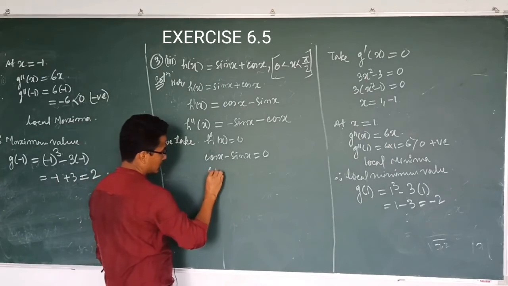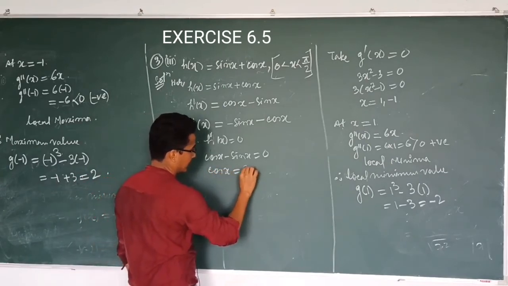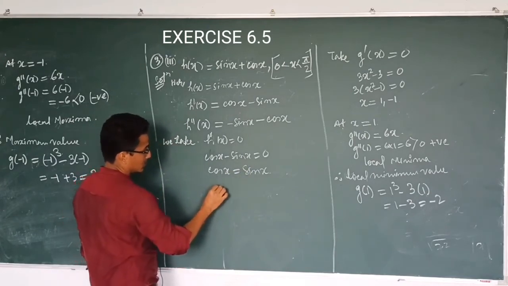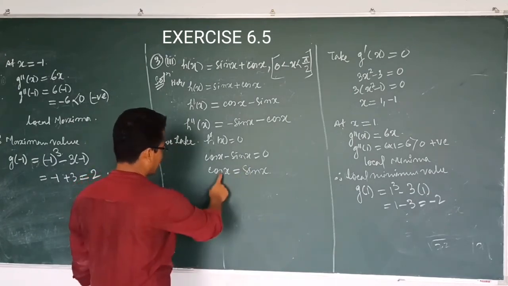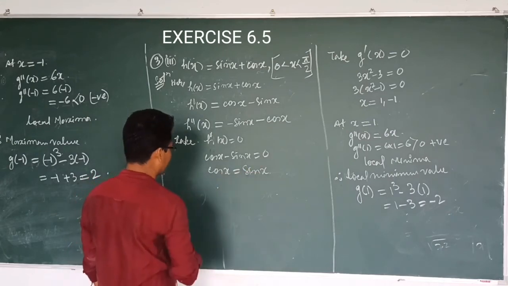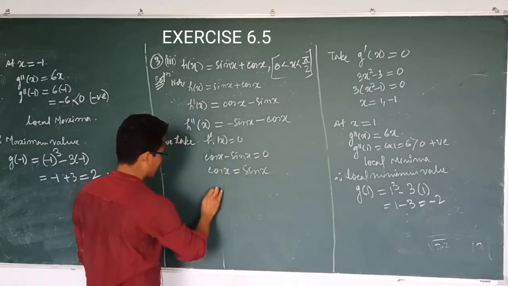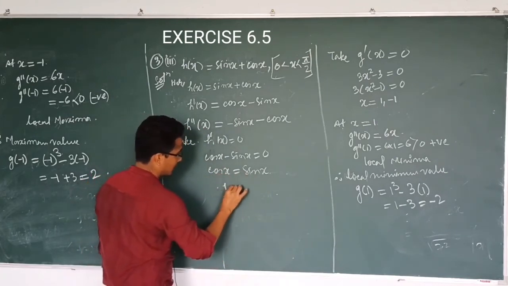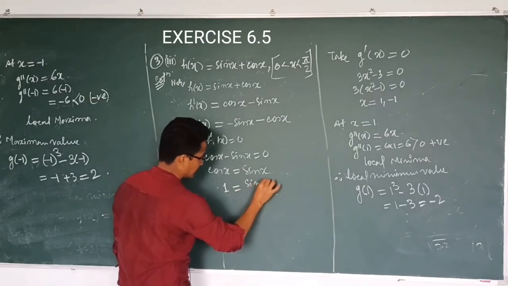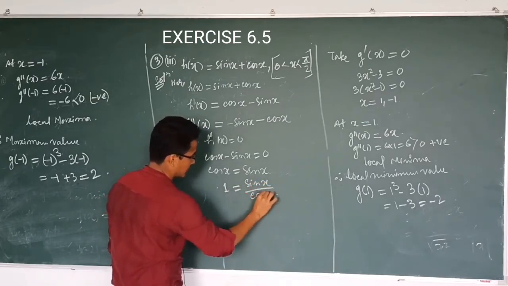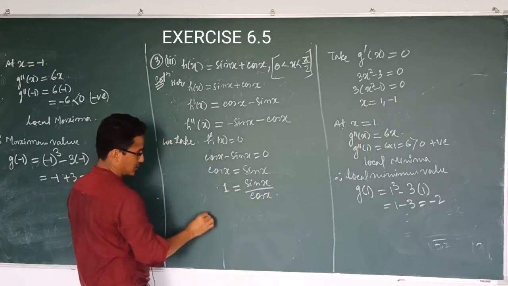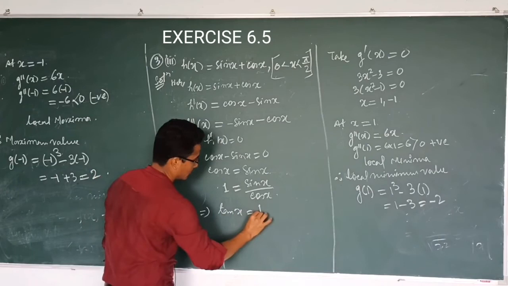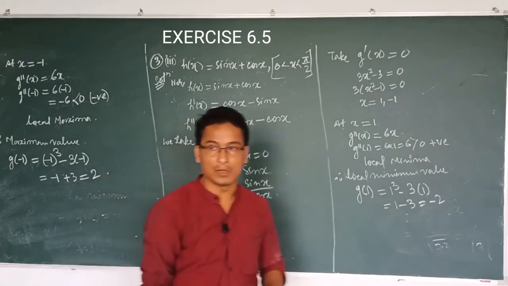If I write this, cos x equal to sin x, then I bring sin x down, and it will be 1 equal to sin x by cos x. Sin x by cos x means tan x equal to 1.